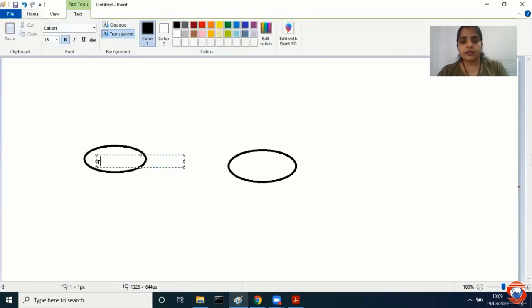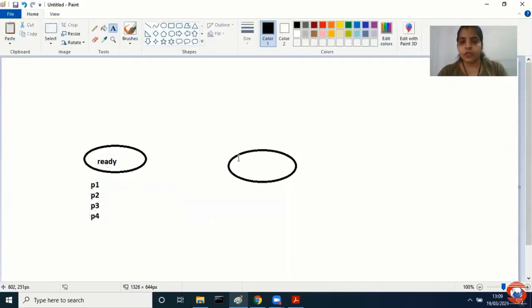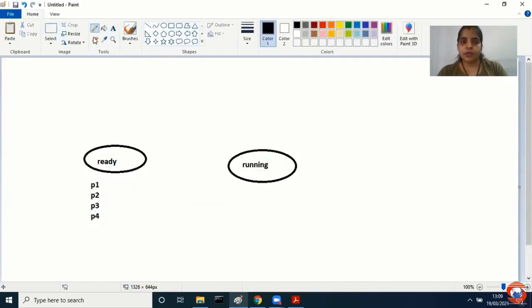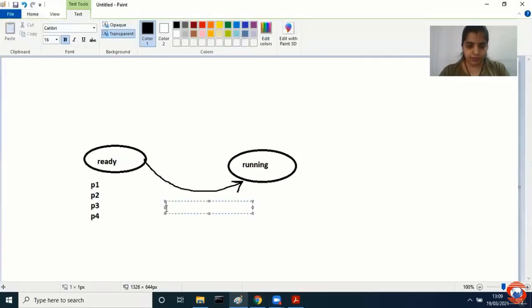Assume in this ready state, there are P1, P2, P3, P4. 4 processes are waiting. I have a running state in which I can transmit either P1 or P2, P3 or P4. Of course, yes. So obviously, I will have someone who is called the scheduler or CPU scheduler, और इसको हम बोलते हैं short term scheduler, right?